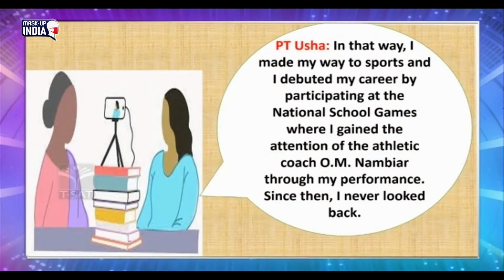In that way, I made my way to sports and I debuted my career by participating at the National School Games, where I gained the attention of the athletic coach O.M. Nambiar through my performance. Since then, I never looked back.